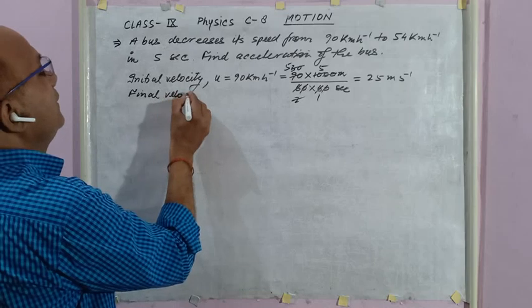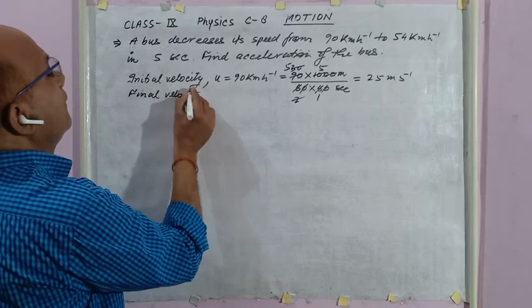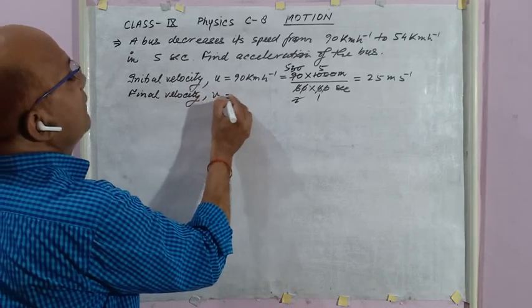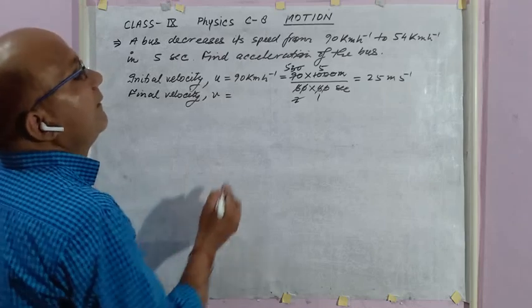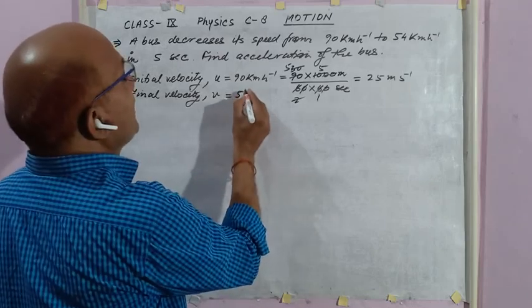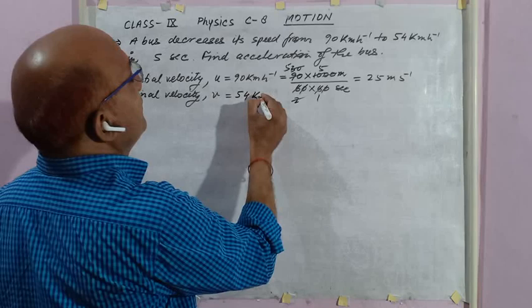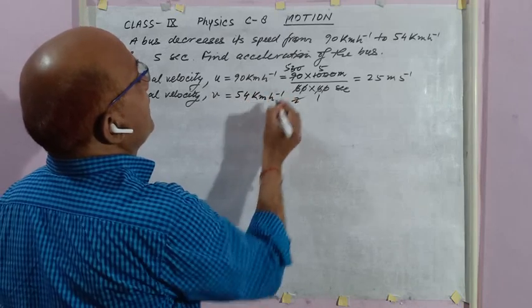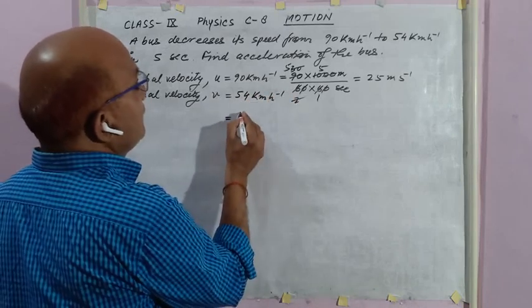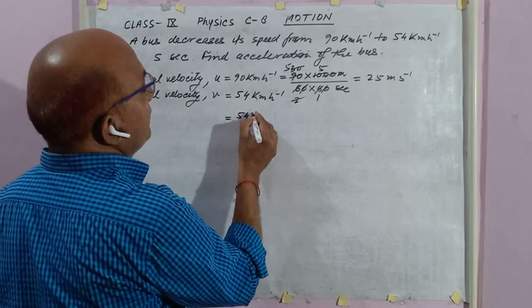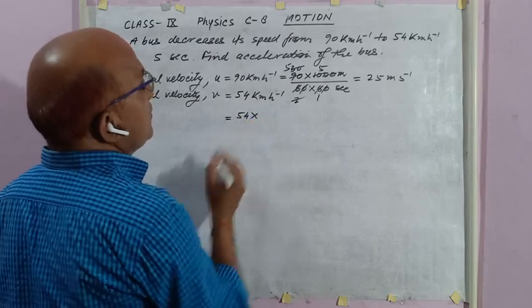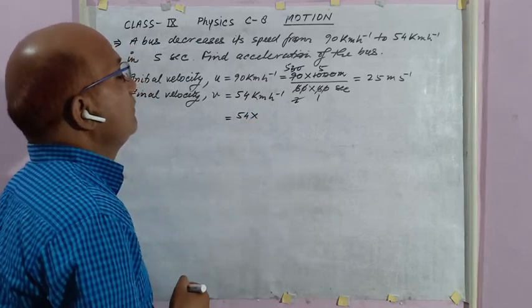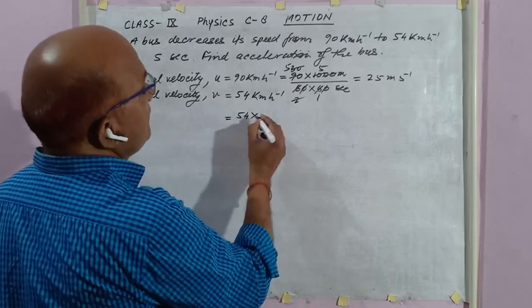And now final velocity v equal to 54 km per hour. So this is 54 into, as you know, 1 kilometer equal to 1000 meter.